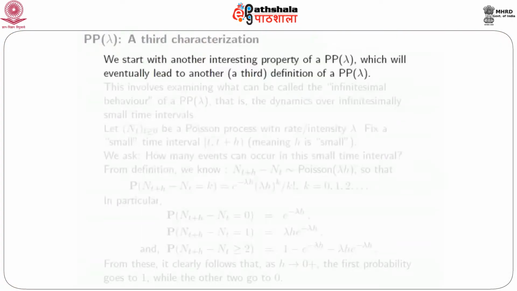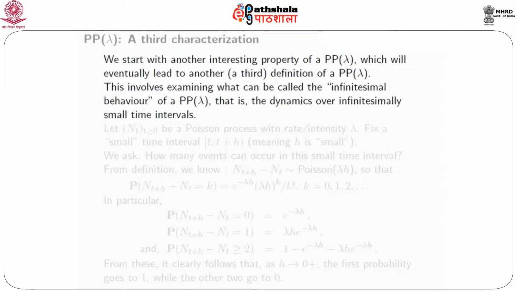So what we are going to do in this module is, for the Poisson process with rate lambda, get a third characterization.